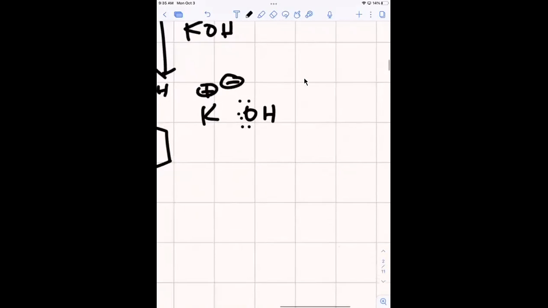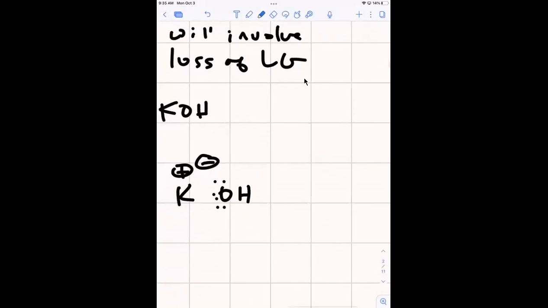So if I use a base, anytime you're using a strong base, it's understood that this is E2 elimination. Strong bases are necessary to do elimination in an E2 fashion.